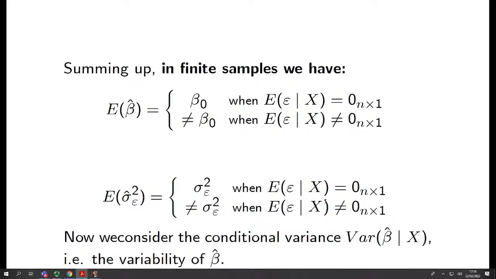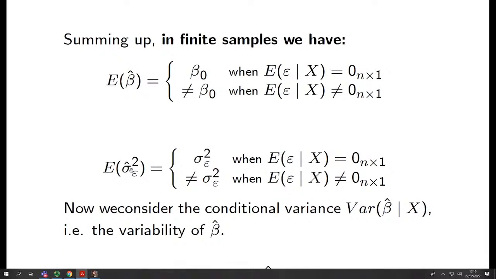And so let's make some summary. In finite samples, the OLS estimator is centered when you have this condition, and it will be distorted when you have this condition. And the same properties of beta hat will be inherited by the sigma square epsilon estimator.